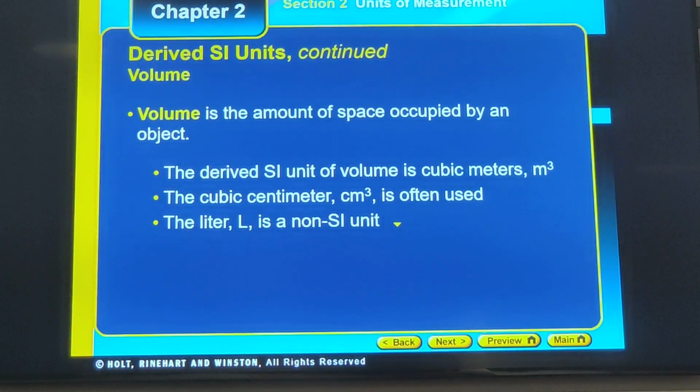So one of the things that you may want to write down in your notes is that 1 cubic centimeter is equal to 1 milliliter. Okay, 1 cubic centimeter equals 1 milliliter. Be a good thing to remember all year. So a liter is 1,000 cubic centimeters.